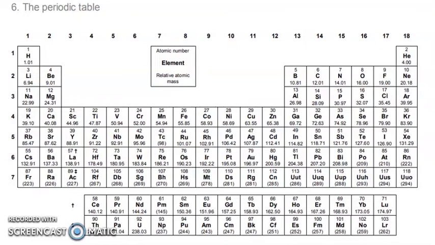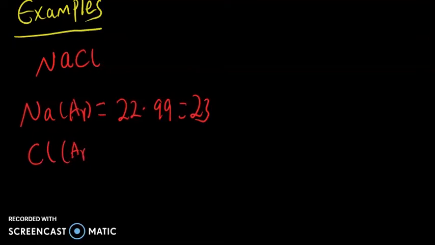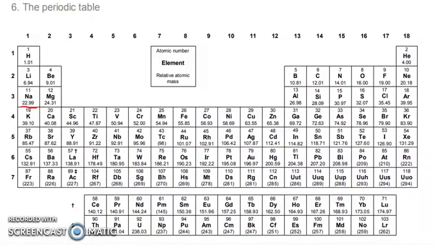If you haven't watched my last video on where to find the relative atomic mass, please go back and watch it. Sodium is the 11th element on the periodic table, and its relative atomic mass is 22.99, which is close to 23. And for chlorine, what's the relative atomic mass?